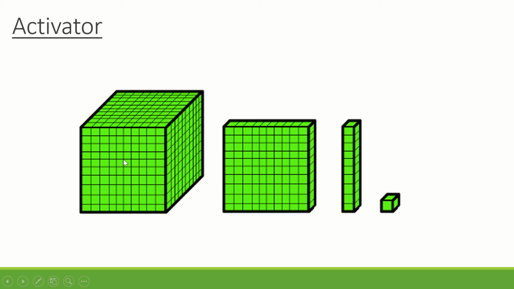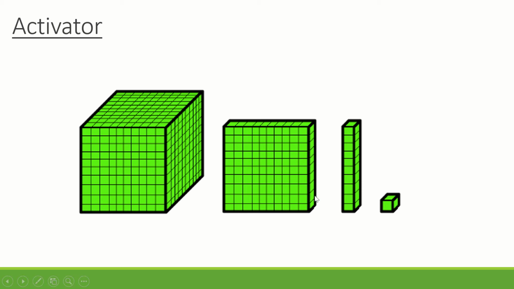Similarly, if we have this cube, which we say equals 1000, I know that a cube can be built out of 10 flats. And if a single flat has a value of 100 and I have 10 of those, that's kind of like saying 100 times 10 equals 1000.